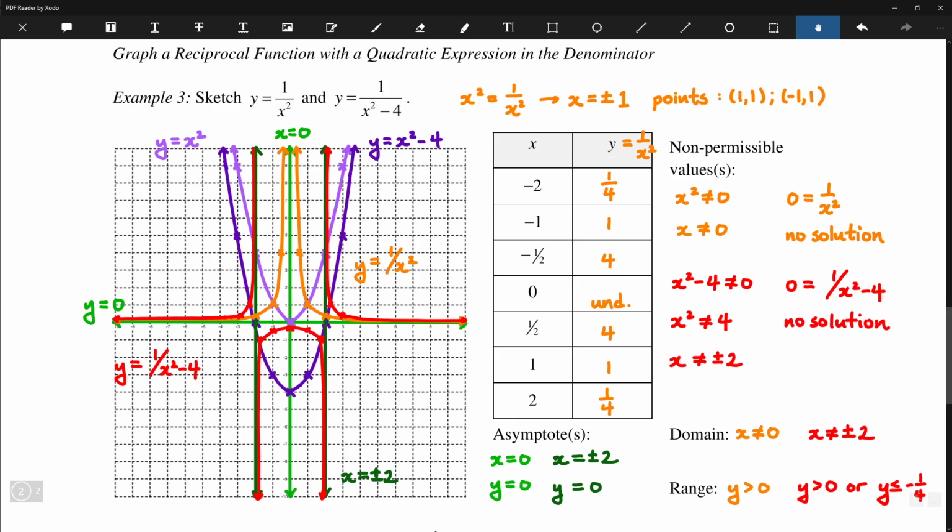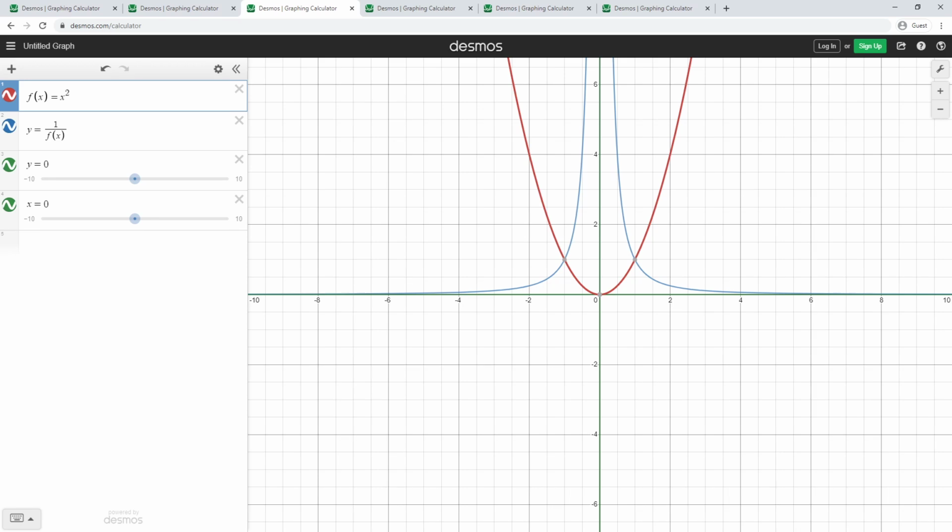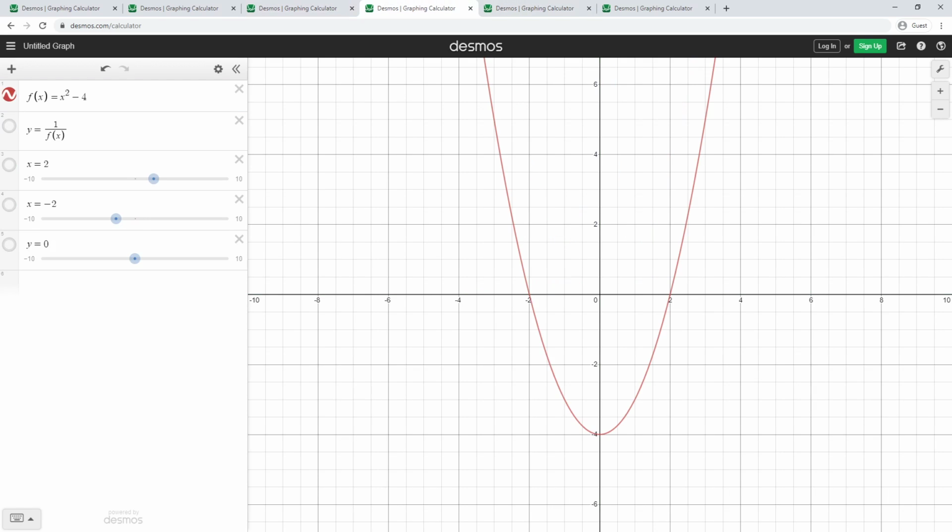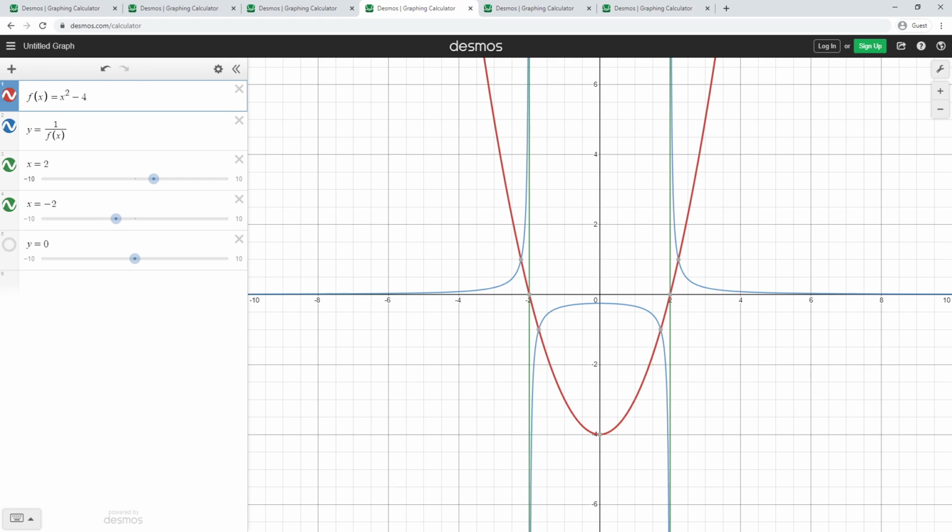Okay, and the other piece is the invariant points. Again, very similar to the previous example, that can be done algebraically, and I guess we can get them on Desmos here. So the next graph here is x squared minus 4. Here is the reciprocal, and then we have the asymptotes x equals 2, x equals negative 2, and y equals 0.